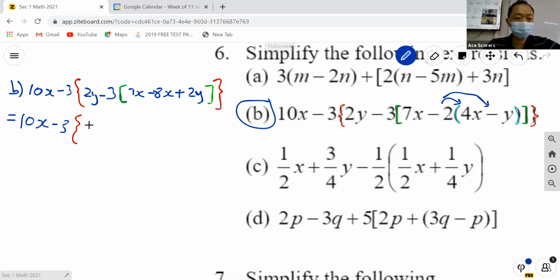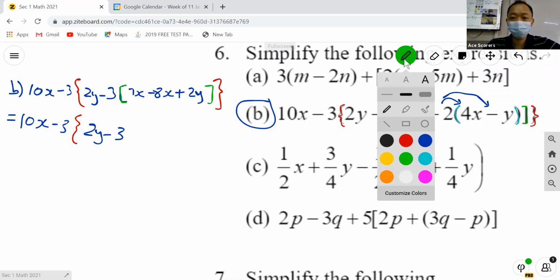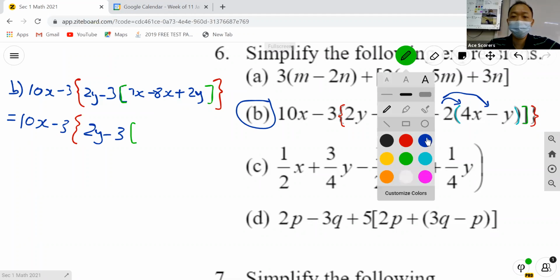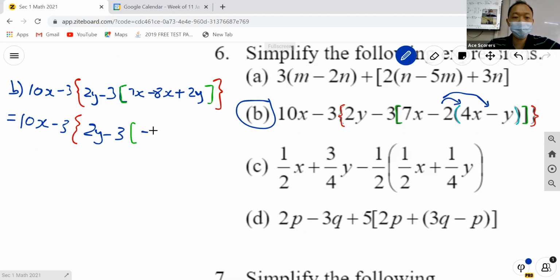Here also, just repeat. Okay, -3, but I need to solve the inside, you know. What's inside here? Yeah, so I need to solve. You see, 7x minus 8x. What do you get? 7x take away 8x. Negative x plus 2y, right?